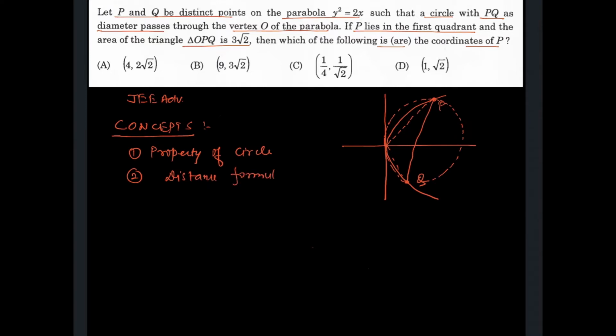So the concepts that we are using are very elementary. The first concept is property of circle. The second concept is distance formula.